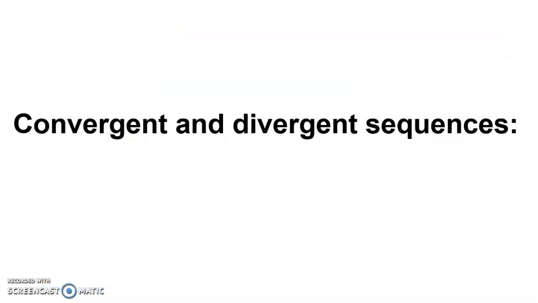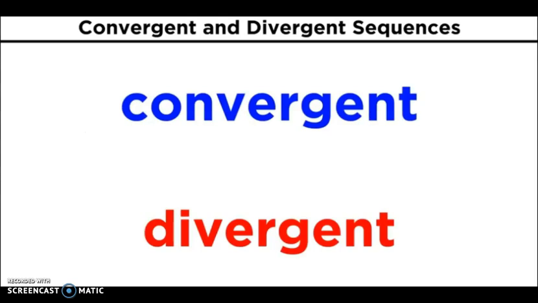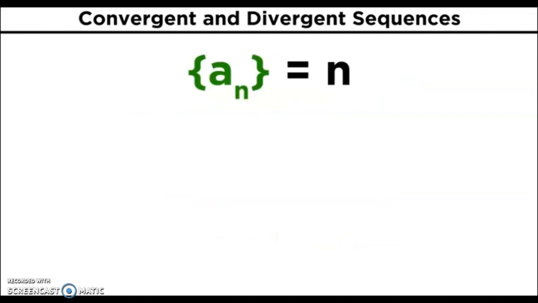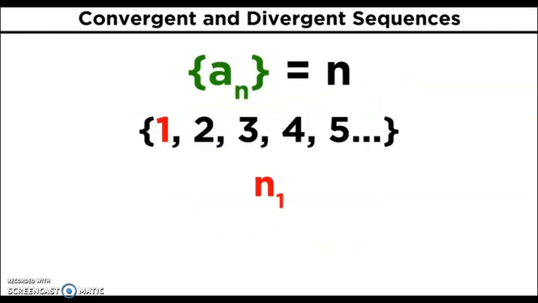Then here comes the convergent and divergent sequence. If you apply the limit to a sequence, then that sequence will be either convergent or divergent. First, let's find out what that means. Take the sequence a sub n equals n.